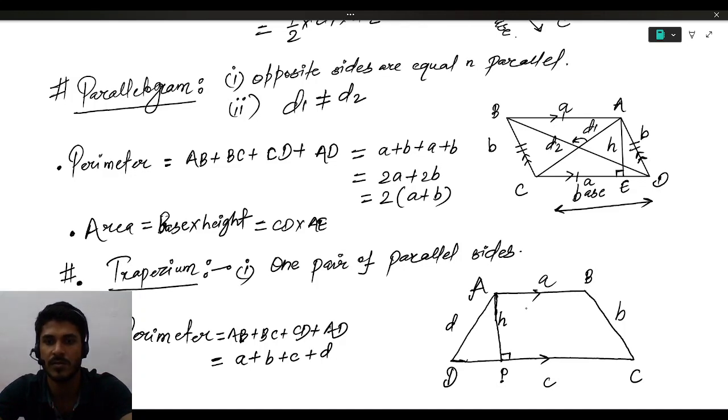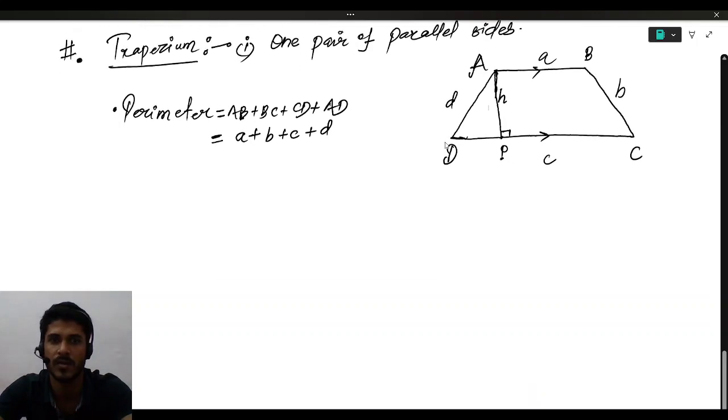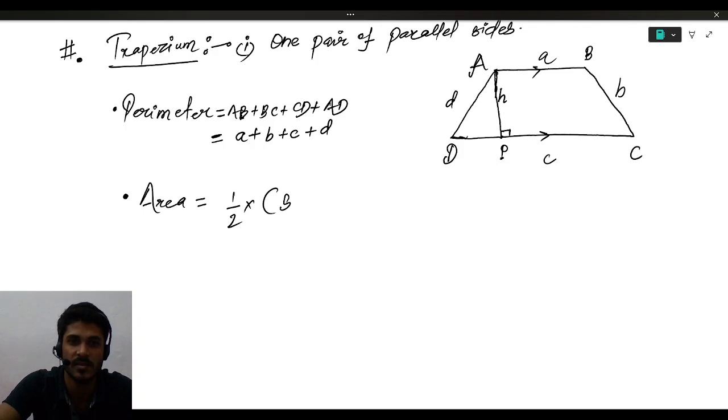For area of trapezium, what is the formula we have got? The formula is half into sum of parallel sides into height.